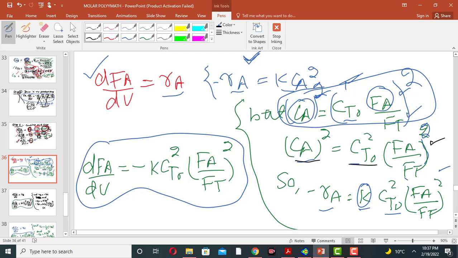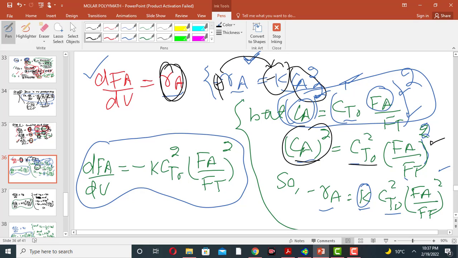So in place of minus RA, this is RA. When this minus sign comes to this side, it will be plus RA. Minus k into CA squared, and CA squared is this one, multiplied by minus k. So minus RA becomes k Ct0 squared FA divided by FT squared.